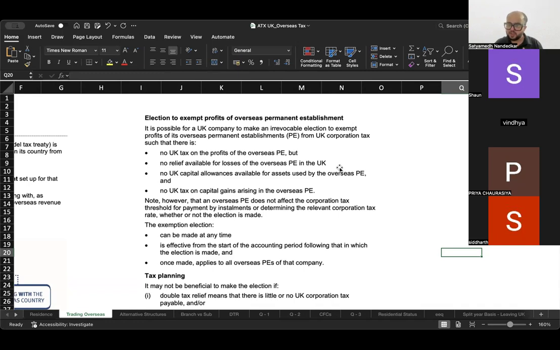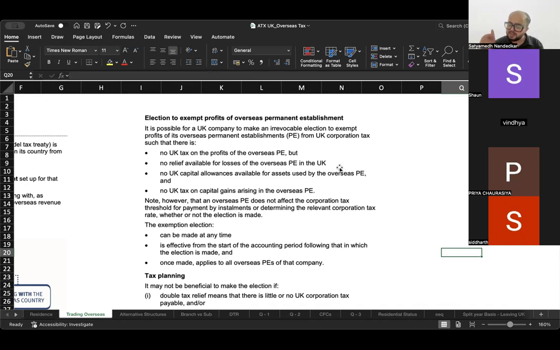So if I make an election out of all these, say I have 10 branches, and I have decided to make an election to exempt profits of the overseas establishment. So whatever profits are made in Australia, Italy, or South Africa, they will not be charged in UK, although all of these are my branches.